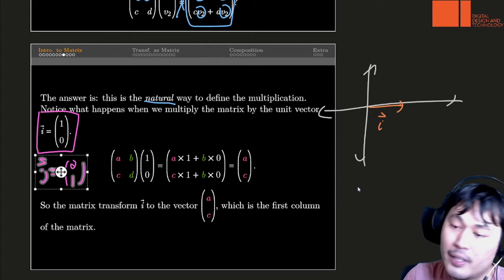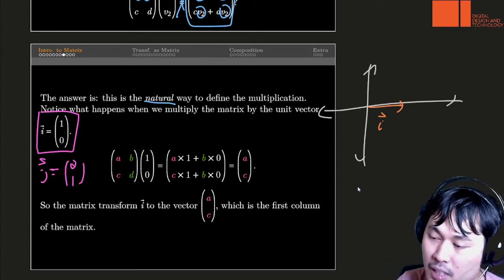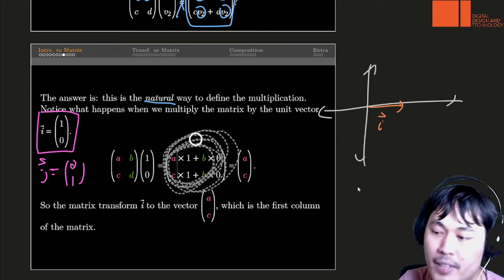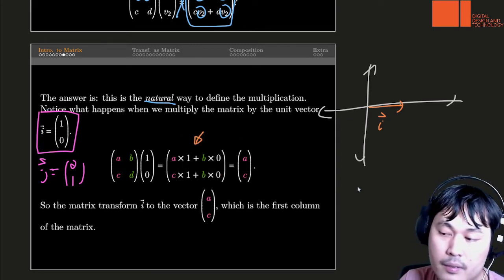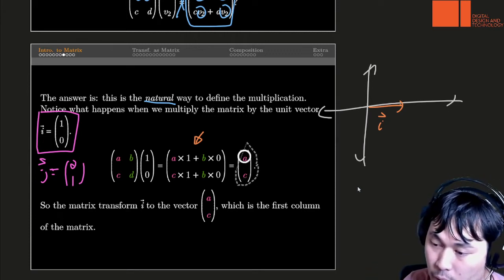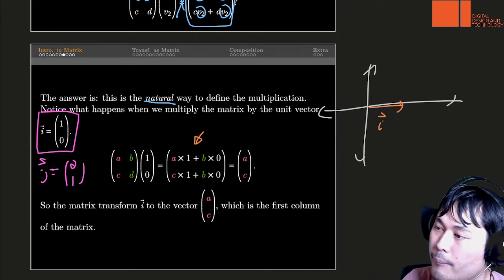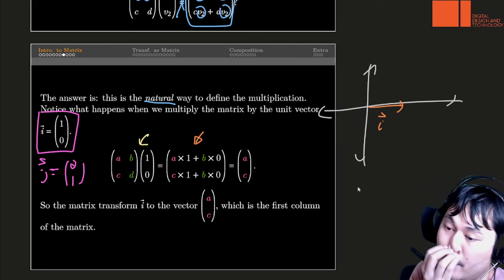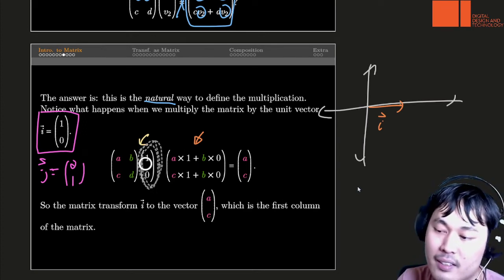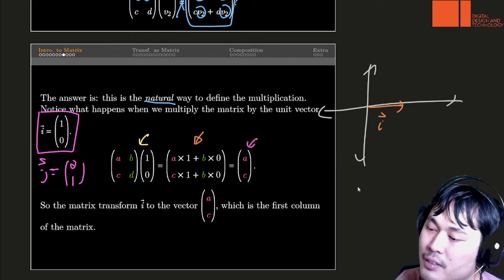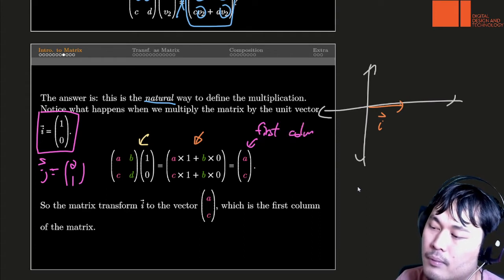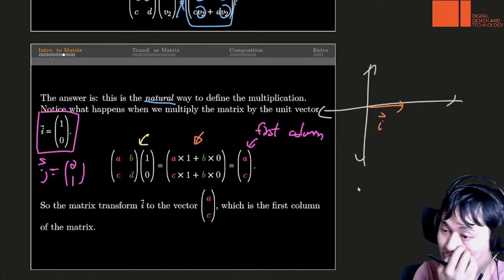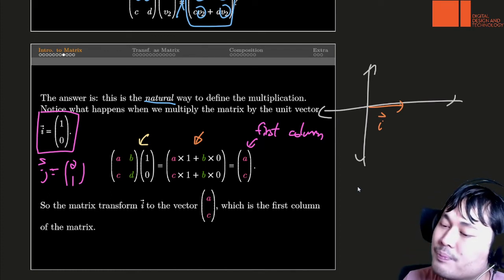So if you define it this way, and you have this vector i, where the top is 1 and the bottom is 0, then if you multiply using the notation that we just introduced, the result would be A and C. So in this sense, there's a special operation where if you multiply a matrix to a vector i, the result is the first column, which is convenient in the future, as we will see sometime soon.